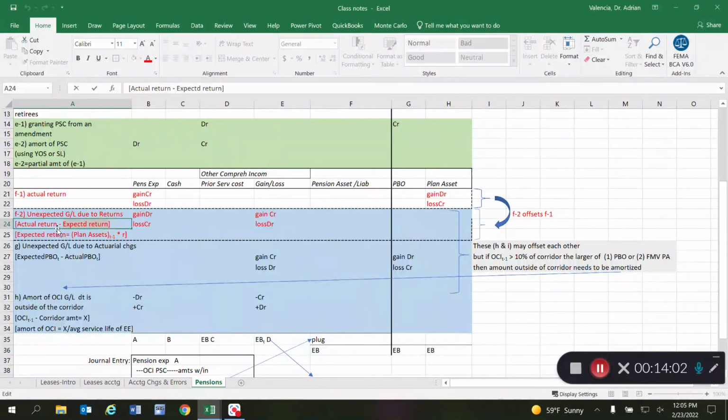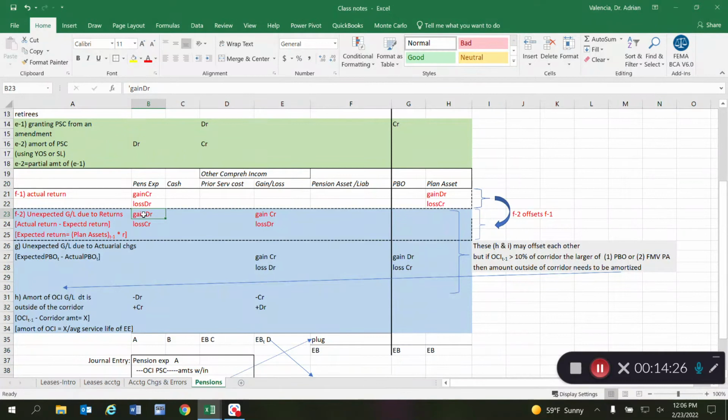And if your actual return, which is what we recorded here, differs, then that difference is going to be reversed out right here. So notice how if I have a gain, the expense goes down, right? If I have an actual return, actual positive gain. But if part of that gain is an unexpected amount, then I'm going to reverse it out of there.